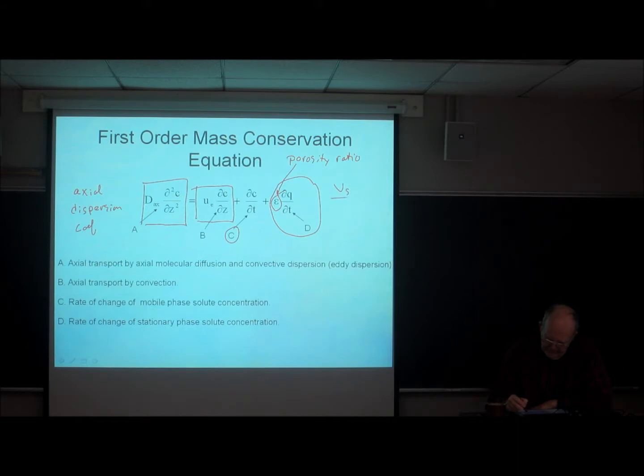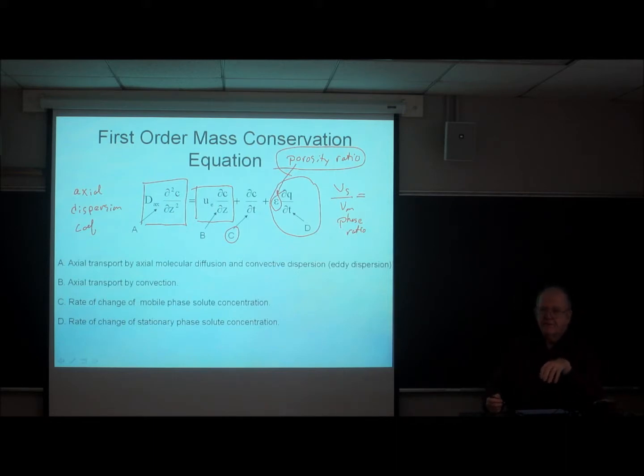So it's really Vs over Vm. The per unit length of column cancels out. And this is really our friend the phase ratio from week 1 of the course. That's what we chromatographers would call it. But since a lot of this stuff was done originally by the engineers, they call it the porosity ratio. I don't know why they do, but that's their lingo. And if you read the papers, you've got to know what it is, because they may not tell you.